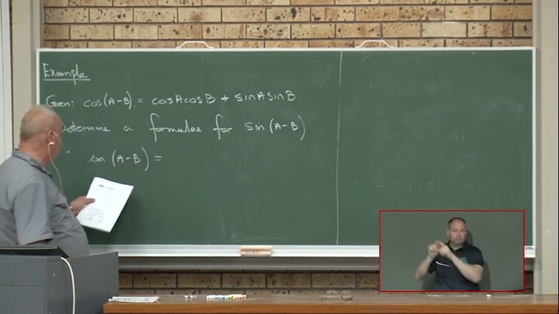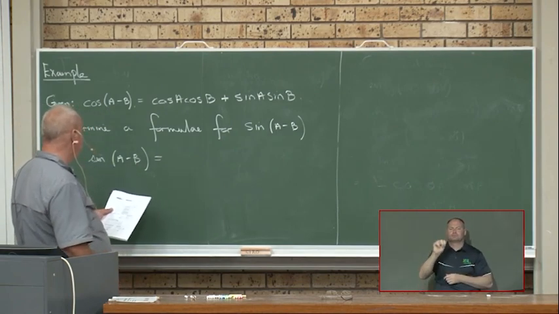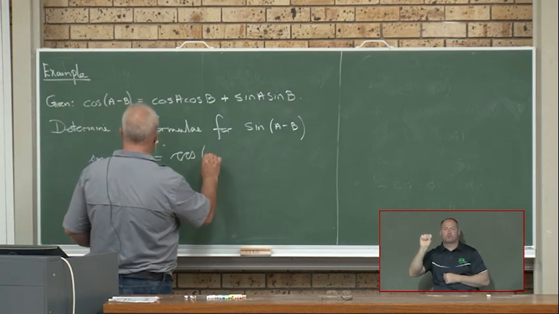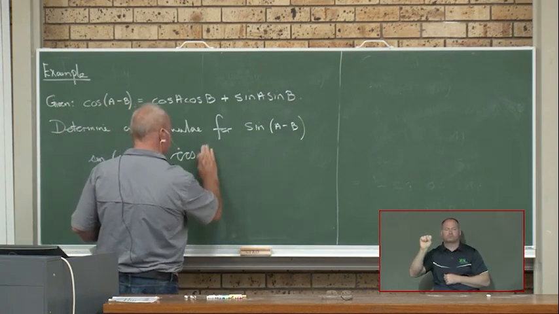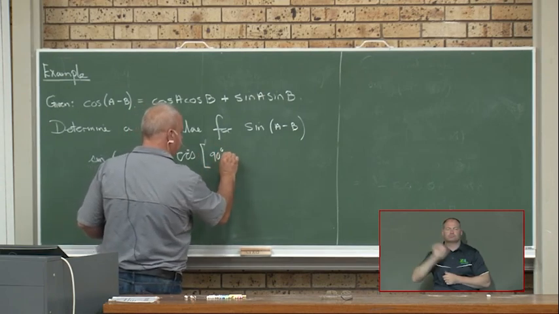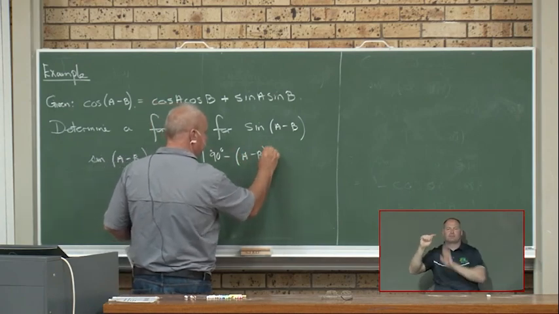So therefore, what are we going to say? That the sine of A minus B is equal to the cos of 90 degrees minus (A minus B). Now people take note.